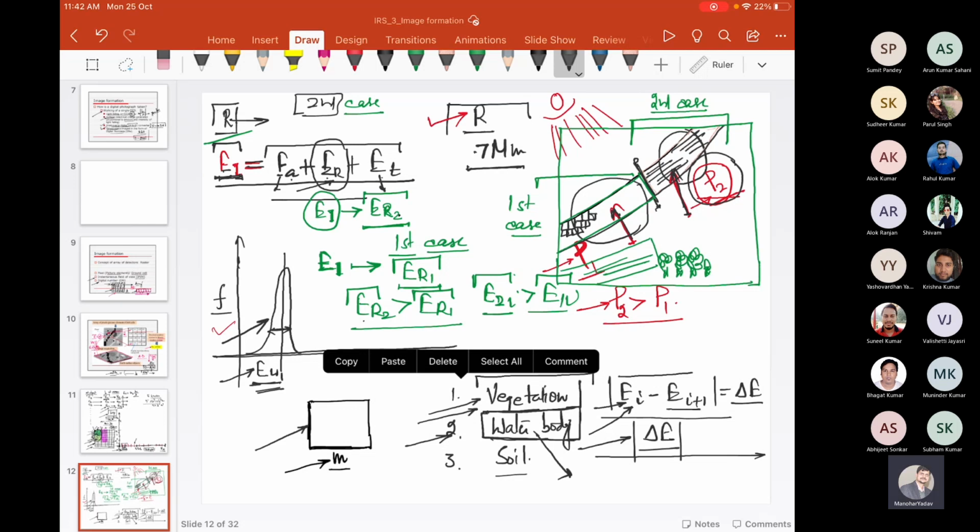So at the sensor, the energy received corresponding to ER1 is E1I. I'm using this nomenclature. While for ER2, I'm using E2I. Is it visible for all of you? Yes, sir.